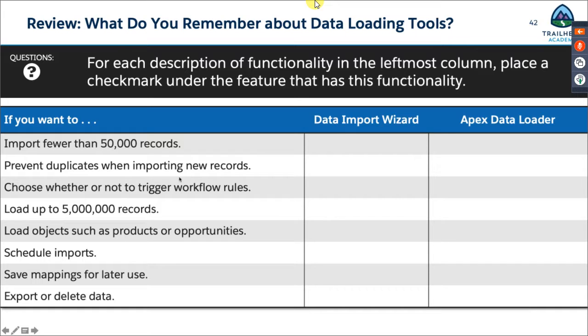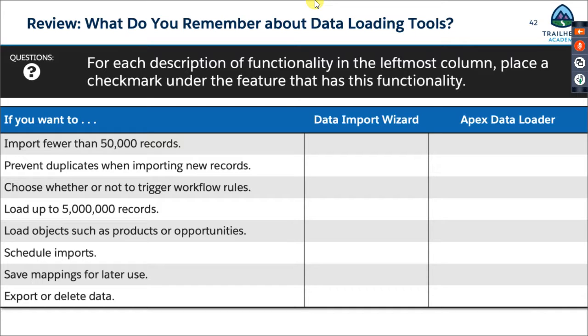Which one prevents duplicates when importing new records? The data import wizard, not sure if you guys have used it in the past, allows you to check for duplicates not only on the ID of the record, but also on a few more fields depending on the actual object itself. For custom objects, you can check for duplicates on the name field.